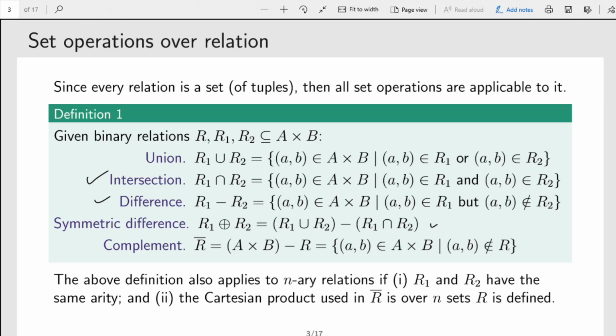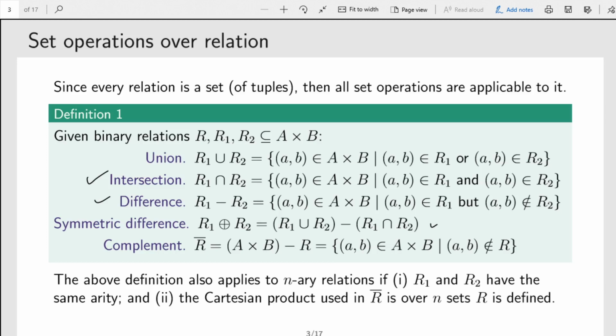And finally, the complement operation is defined as such. If you have a relation R, the complement of R, which is denoted by R with an overline, is defined as the set of pairs from the Cartesian product A times B that are not in R. So (a, b) is in the complement of R if and only if (a, b) is not in R. Of course, this definition is for binary relations.